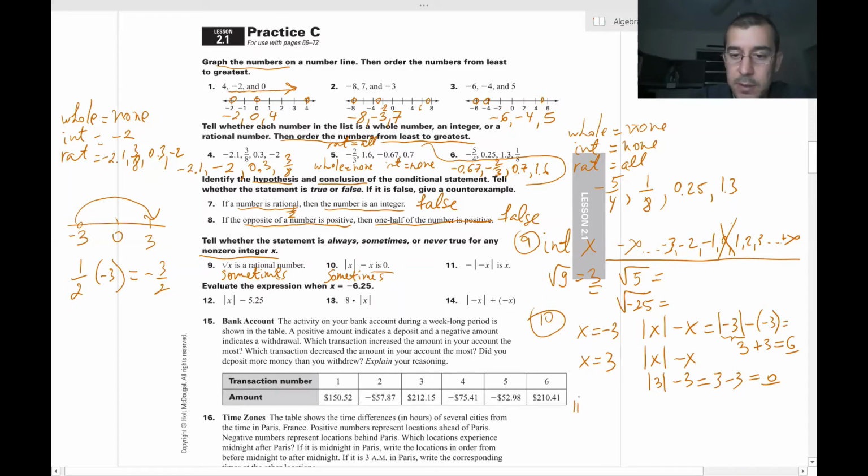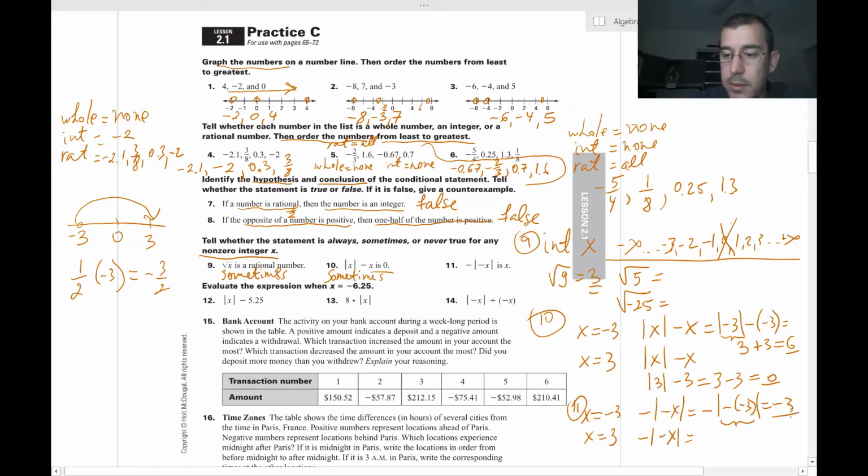Okay, number 11. Let's choose two values for x. Let's choose again -3 and then positive 3. We're doing minus the absolute value of x. If it's -3, we have minus the absolute value of -3. The absolute value of positive or negative numbers is a positive number, so this is just 3.